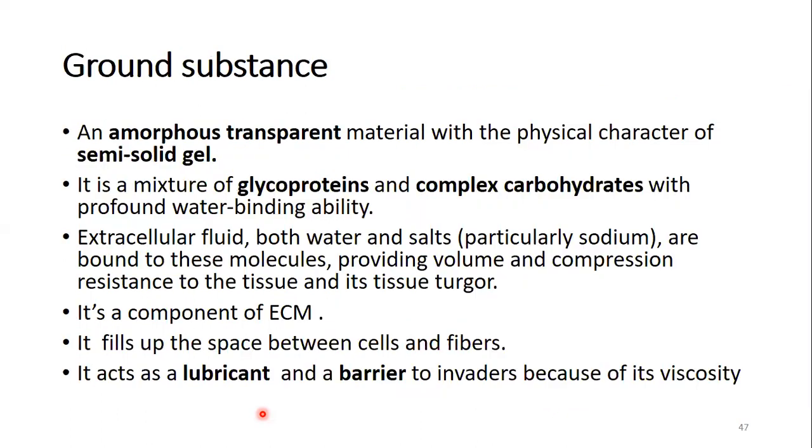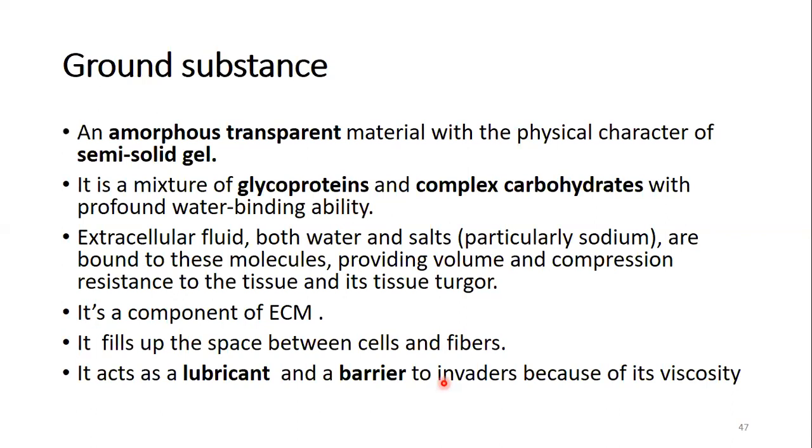Okay, another diagram here showing us elastic fiber. So we are done with the 3 fibers produced by fibroblasts. We are now looking at ground substance. What is the main function of ground substance? So ground substance is like a lubricant. At the same time, it acts as a barrier to microorganisms because it is not in liquid form. It is more like a semi-solid structure, a semi-liquid structure, like a jelly.